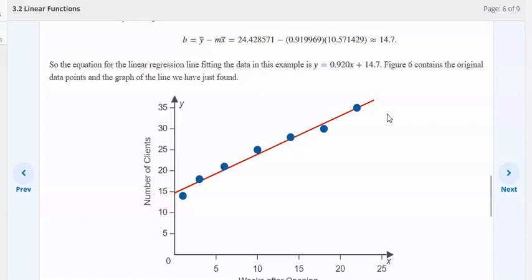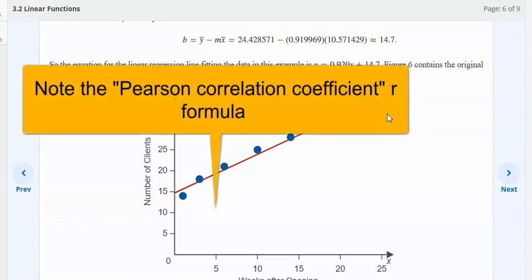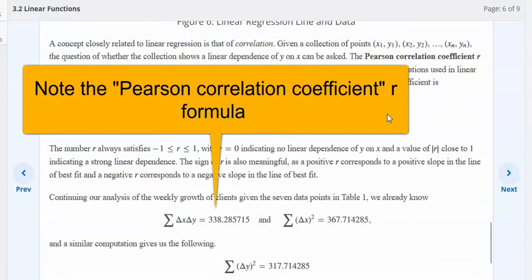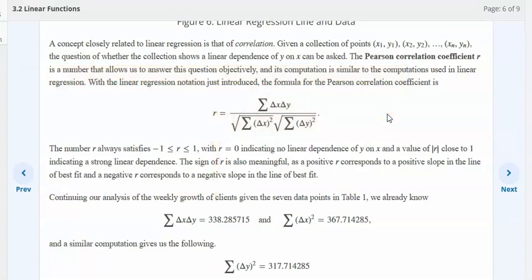As you see, it's quite a complex process, and fortunately, we're able to use a calculator to figure this out, if that calculator has that particular function.